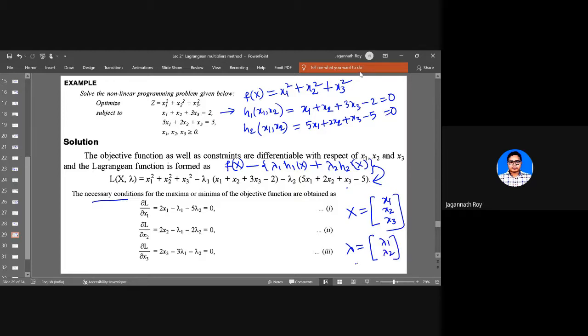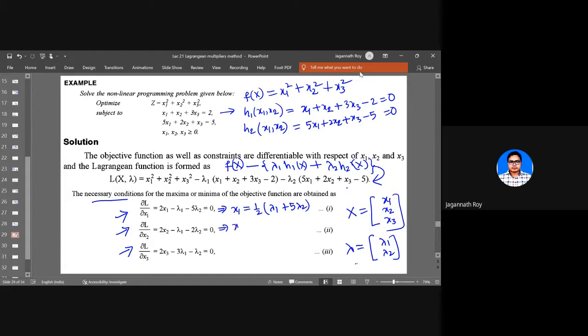For that we have to find these partial derivatives, and from here we get x1 equals half of lambda 1 plus 5 lambda 2.